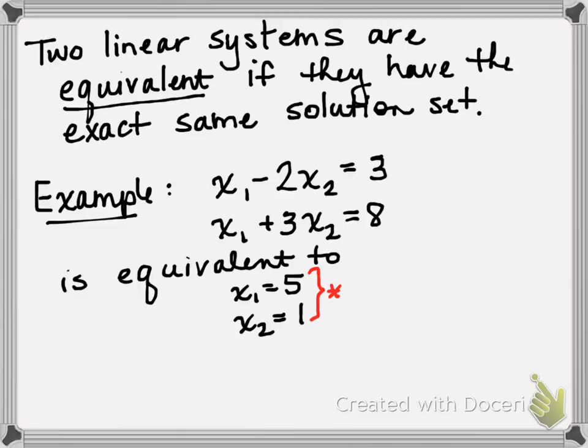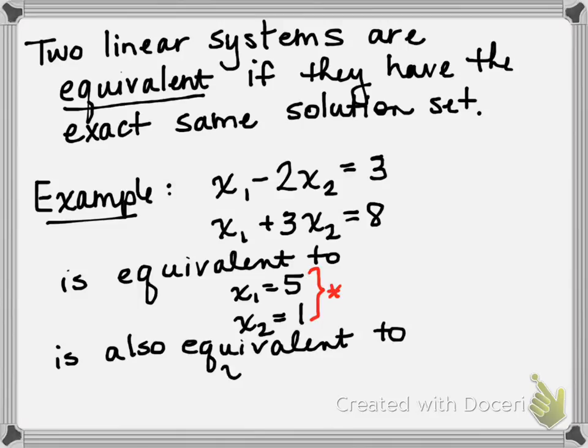Okay. Now, these two systems are also equivalent to x1 minus 2x2 equals 3 and x1 minus x2 equals 4. So you can have many equivalent systems of linear equations. However, this middle one is really the easiest to tell what its solution set is. That's what I meant to say.